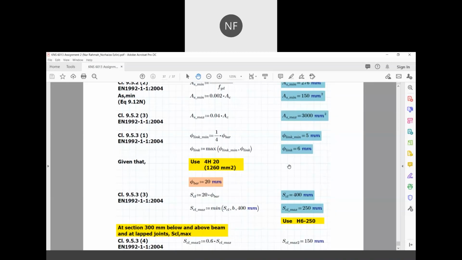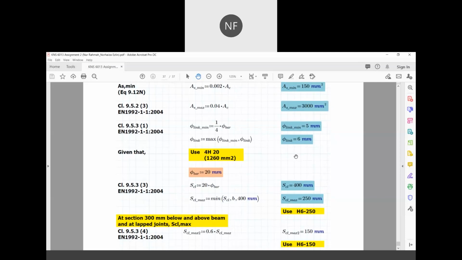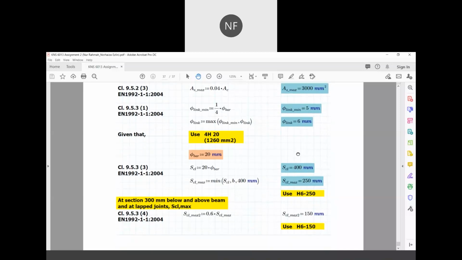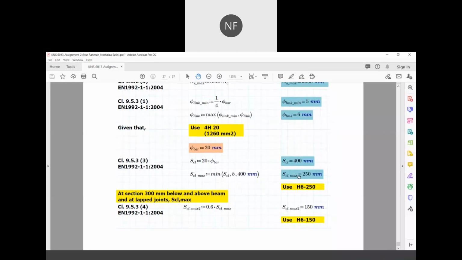Since the calculated diameter of the link is 6 mm, we're using that value for our link, whereas for the spacing, we are using 250 mm since it has the minimum value when comparing with the calculated spacing and the 400 mm.